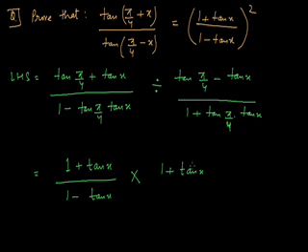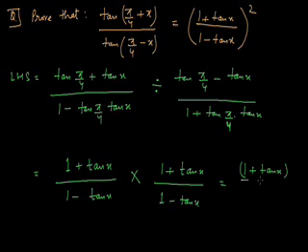The denominator becomes the numerator, and the numerator becomes the denominator. So it will be 1 minus tan x in the denominator. So you can see that in the numerator you have 1 plus tan x squared, and in the denominator you have 1 minus tan x squared. Hence the RHS.